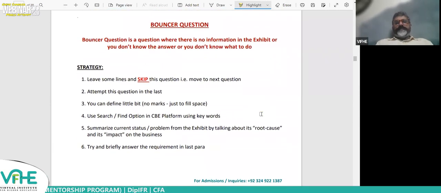Now, bouncer question. Do you know what is a bouncer question? Which goes over your head. You have no idea what that is. Every SBL attempt, there is one bouncer question.